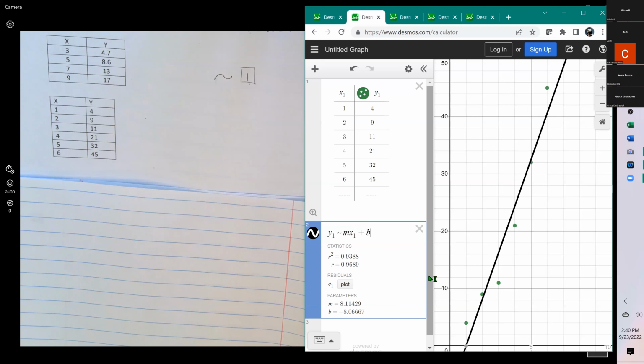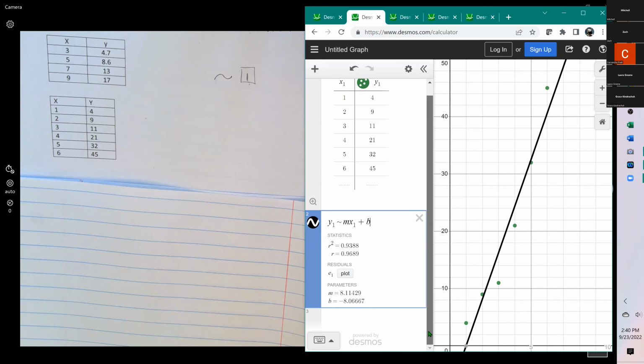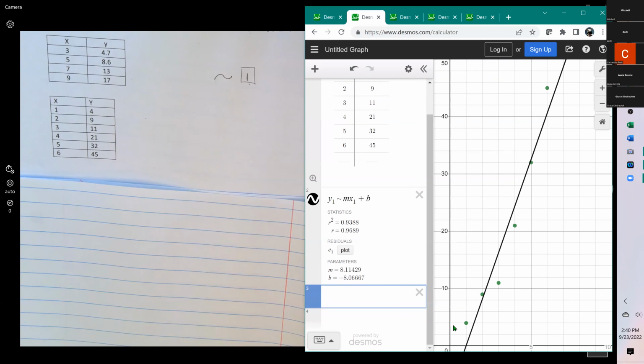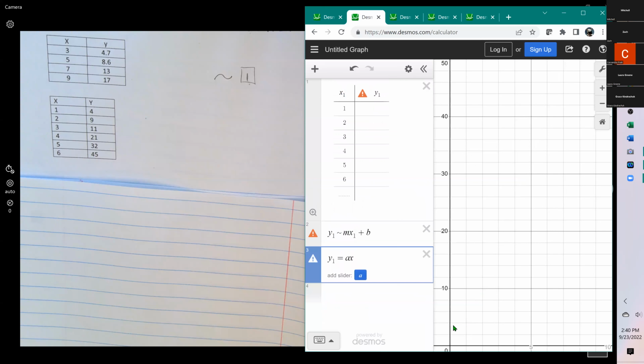Any questions on getting the straight line? Okay, go ahead and do the quadratic. y1 equals. Why did that happen? Oh, because I put an equal.